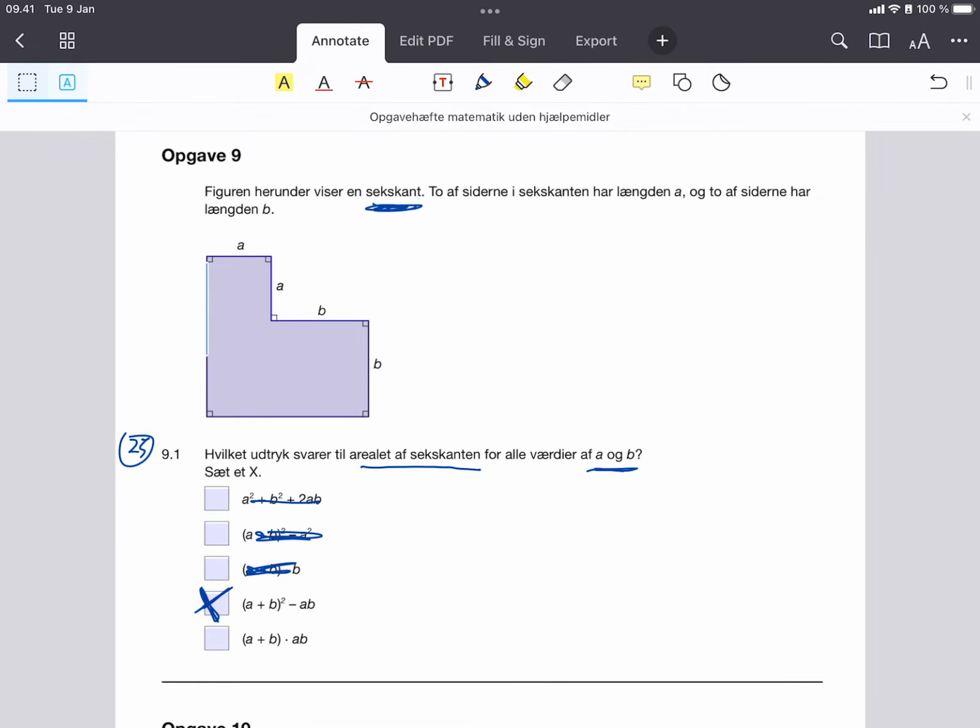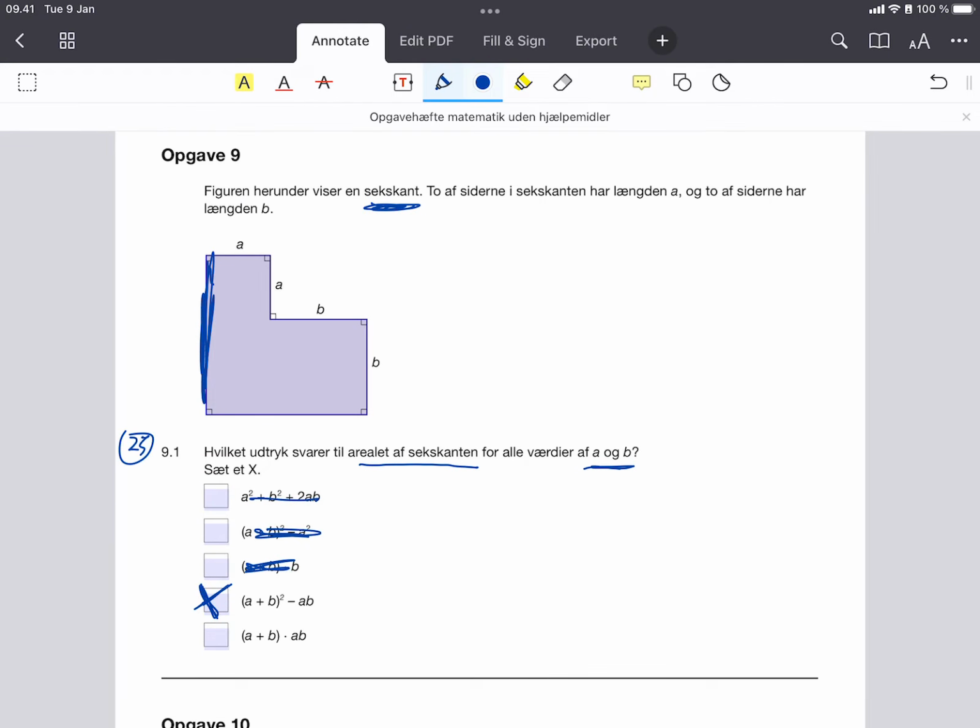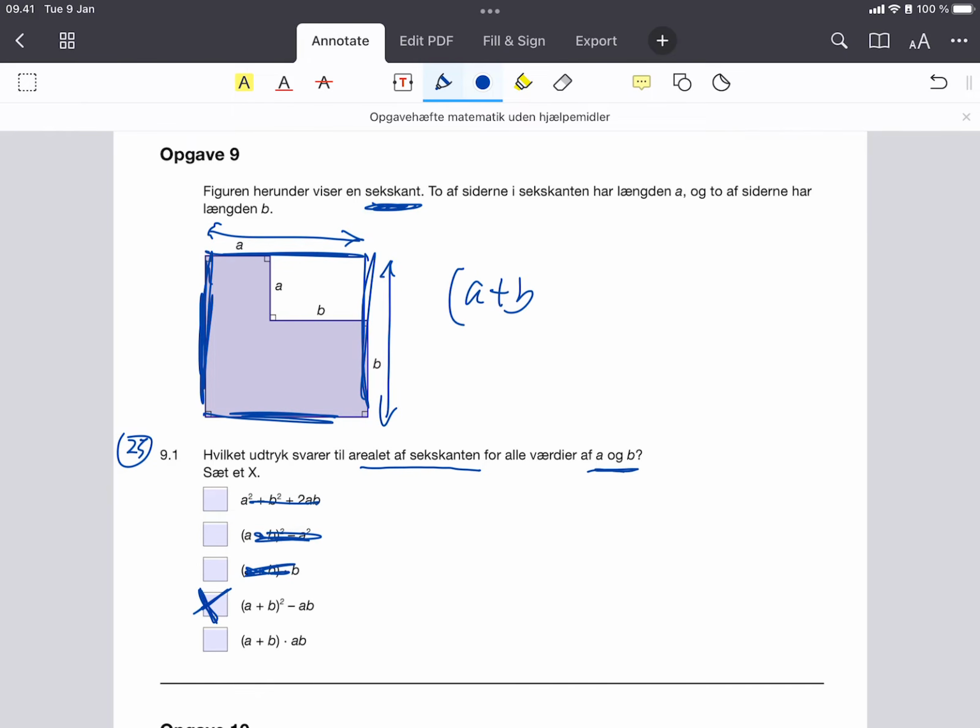If I just think of the whole thing as a big rectangle, and the big rectangle is a plus b along the top and a plus b down the side, so a plus b squared, in fact a big square, and then it's had this white bit taken out of it, which is a times b, so it's a plus b squared minus ab for that reason. And if you can spot that early on, it's a little bit more intuitive than grinding through the algebra.